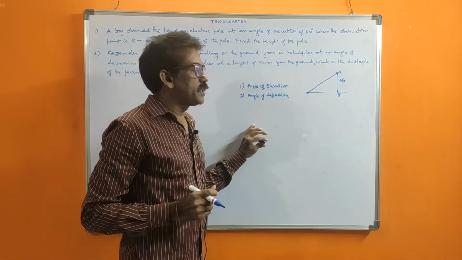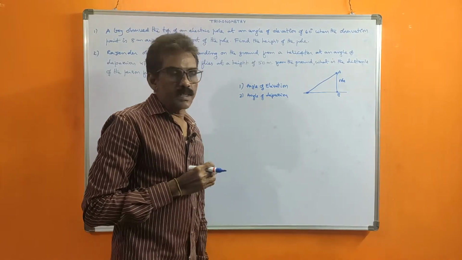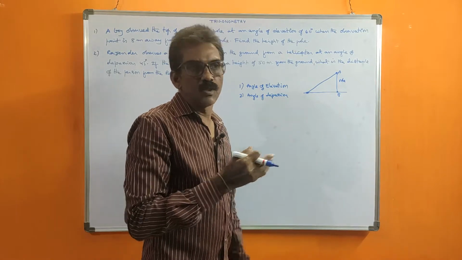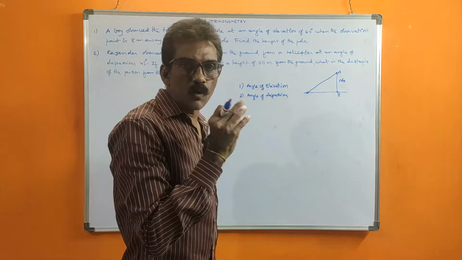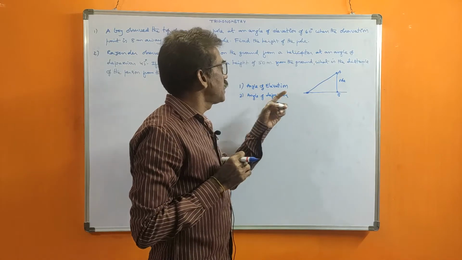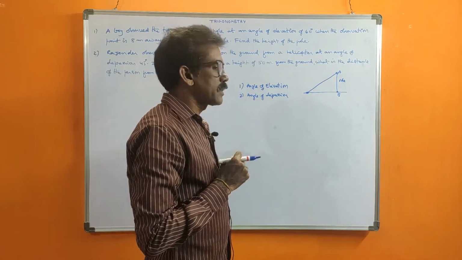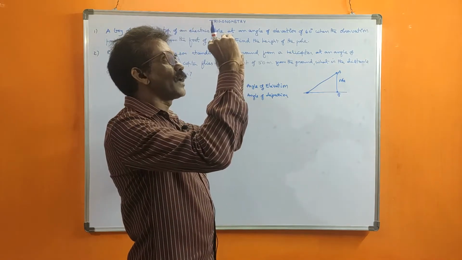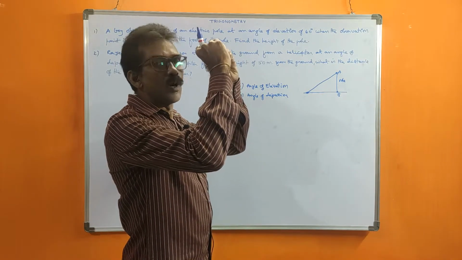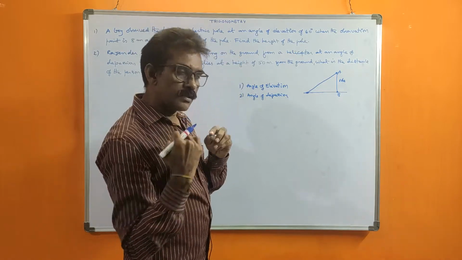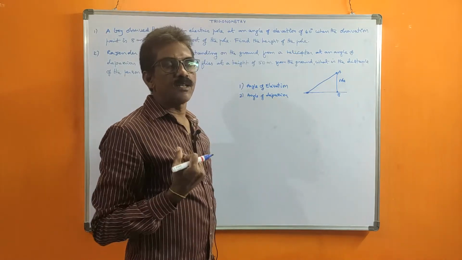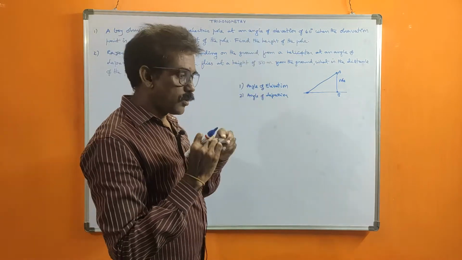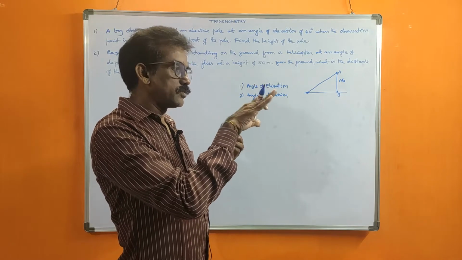How can you see it? By using some instruments. Civil surveyors use telescope-like instruments, and to measure angles also there are telescopic instruments. They see whichever point we want to see, and a protractor arrangement on the side shows how many degrees it has moved.